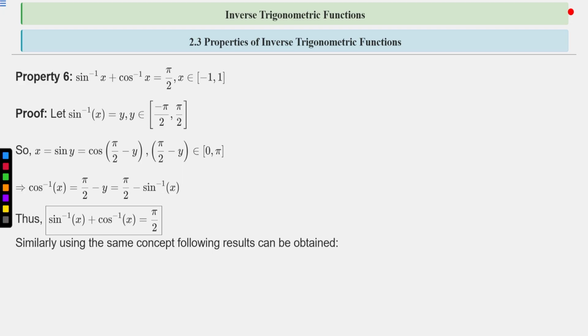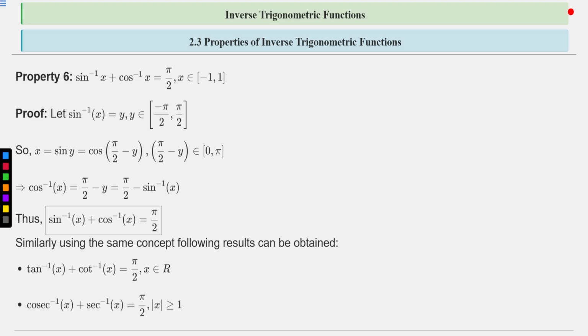Similarly, using the same concept, we can also remember the following result. Tan inverse x plus cot inverse x equal to pi by 2 when x belongs to real, and cosec inverse x plus sec inverse x is equal to pi by 2 when mod x is greater than or equal to 1.